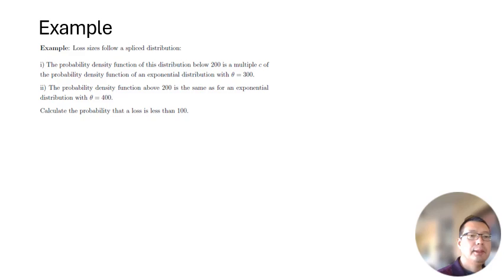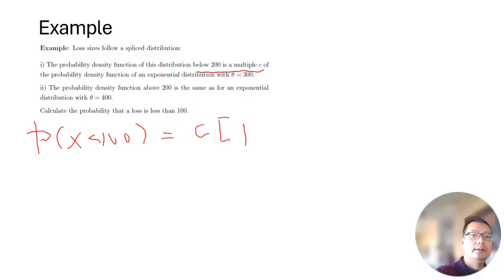Calculate the probability that a loss is less than 100. So what they're asking about is the probability of X less than 100. Since this is below 200, it's a multiple of C, and this part is just the formula of the exponential.